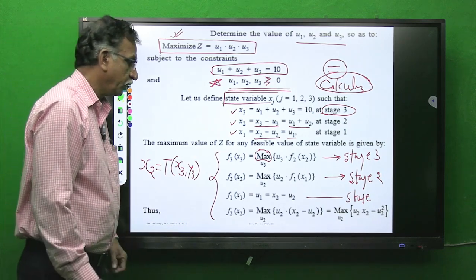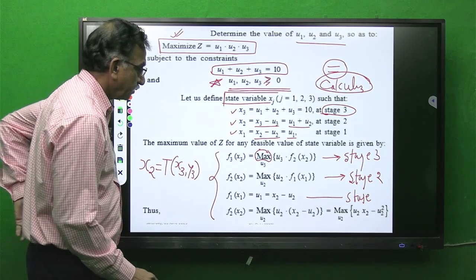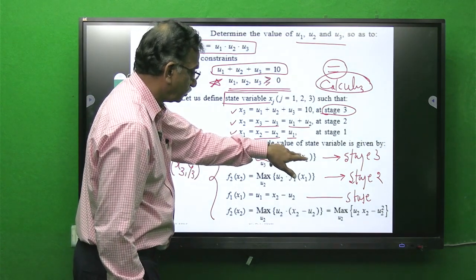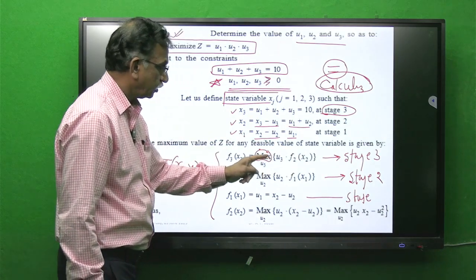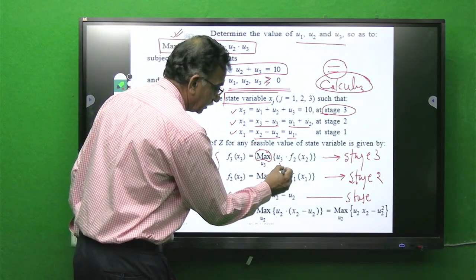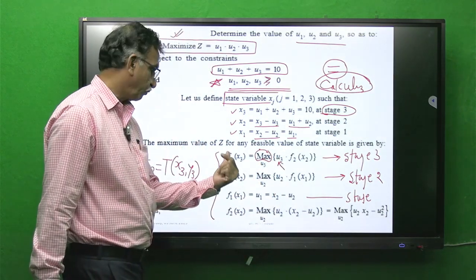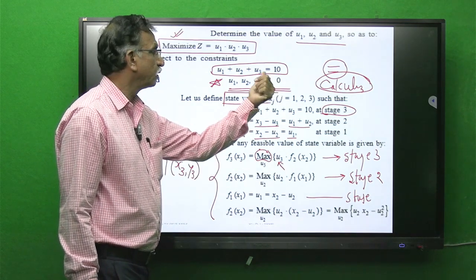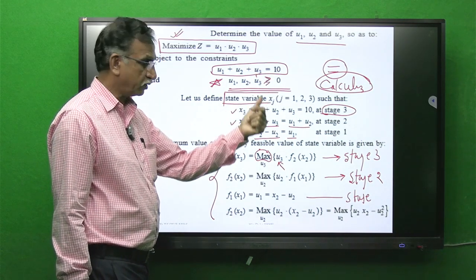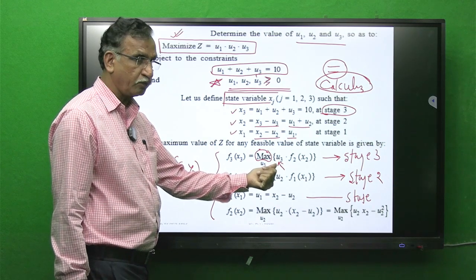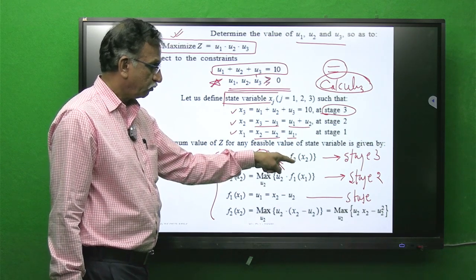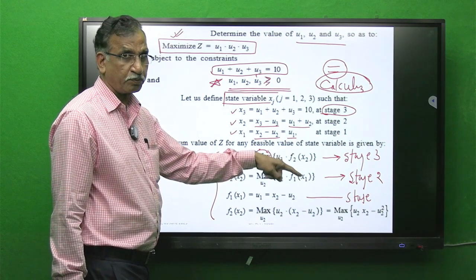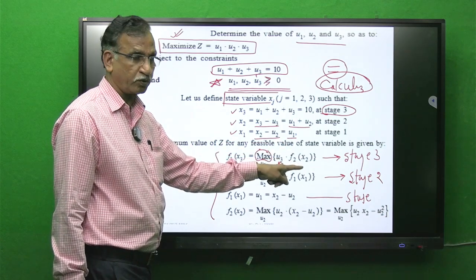Now here you can see multiplication of 2 terms. So this is the current decision for f3 of x3, u3 is the last stage variable, that is, the current value of u3 with the optimized value of the previous stage. The previous stage is f2 of x2.